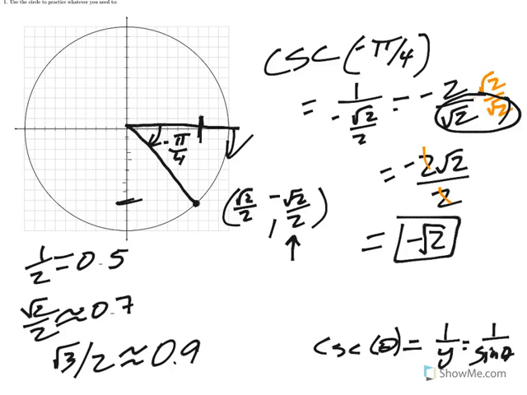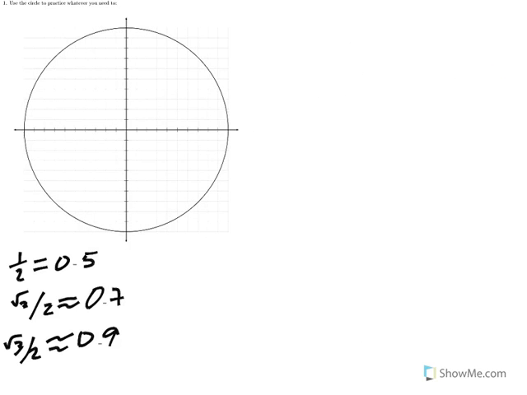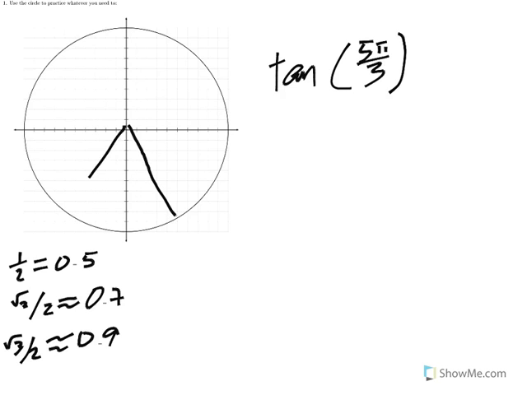The next one I'm going to do a little bit quicker. This time I'm going to look at the tangent of 5 pi thirds. So pi thirds: pi cut in thirds. There's the pi downstairs cut in thirds, and the pi upstairs cut in thirds. If I'm going to count this, there's 1, 2, 3, got me to plain old pi. 4, 5.